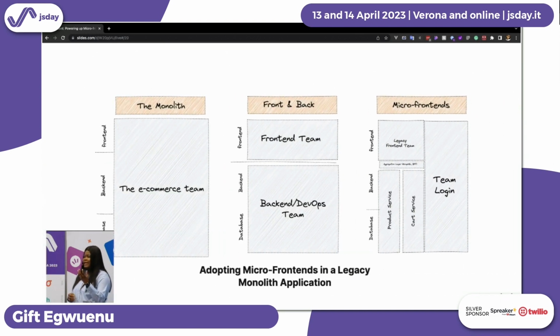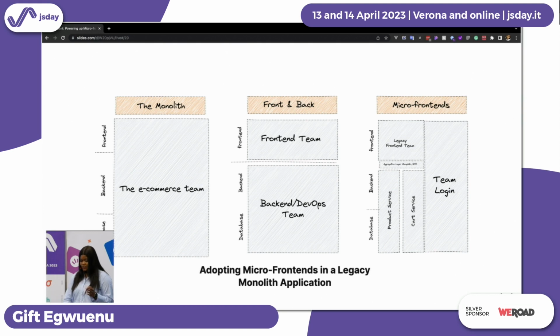We want to take a functionality of this application and migrate it to use micro-frontends on the server. For that, you still have your app, but on top of that you can refactor, for example, the login components, with the front end, the back end, and the data all pieced together into a team login in this case. What you have now is a legacy application running alongside a micro-frontend application.